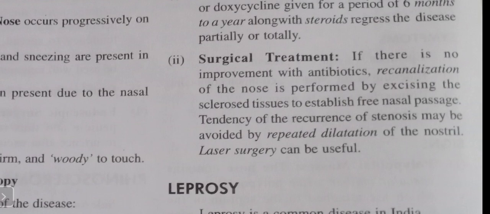But there is a tendency of recurrence of stenosis, which may be avoided by repeated dilatation of the nostrils, and lastly laser surgery may be useful. So if you want to avoid that recurrence, then you have to go for repeated dilatation of the nostrils. That is the surgical treatment.